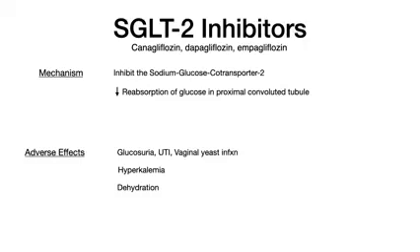The adverse effects of SGLT2 inhibitors are very unique, and they'll make a lot more sense after we talk about the mechanism, but they include glucosuria, urinary tract infection, and vaginal yeast infections. They also can include hyperkalemia and dehydration. These adverse drug effects, especially the 3 on the first line there, glucosuria, UTI, and vaginal yeast infection, will make a lot more sense if we dive into the mechanism.